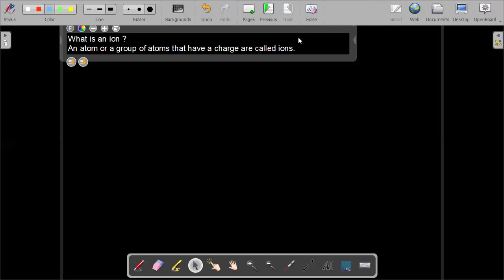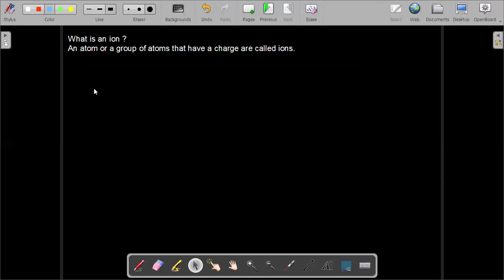For example, if we take sodium metal under consideration, sodium metal Na, this is an atom. And if I write it as Na+, it is now a sodium ion. It is a sodium atom having a positive charge, called a sodium ion.